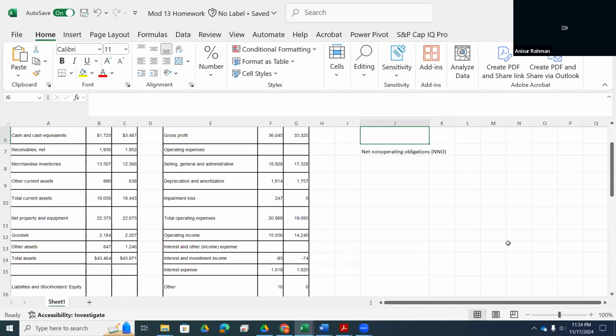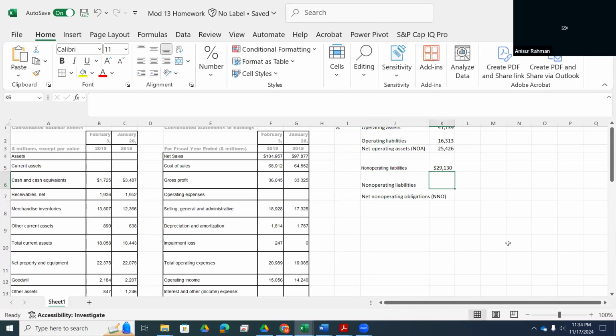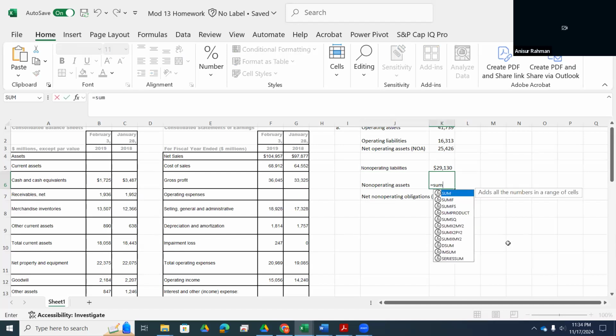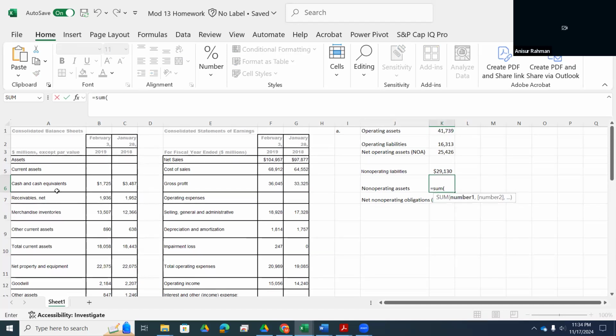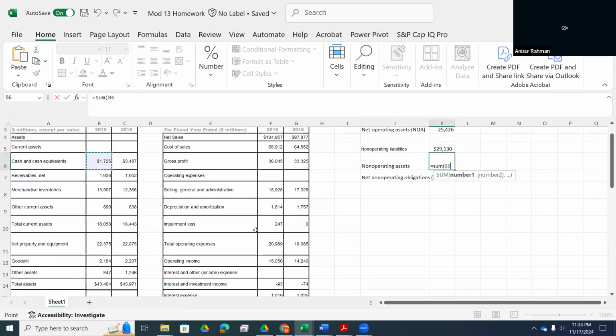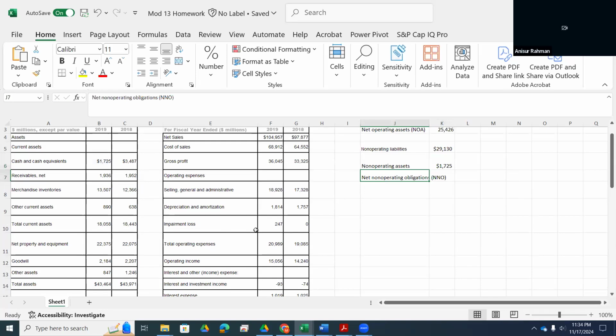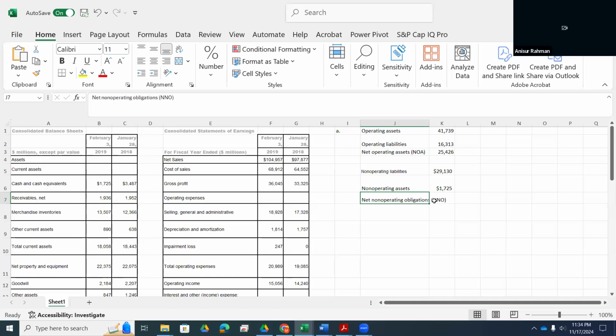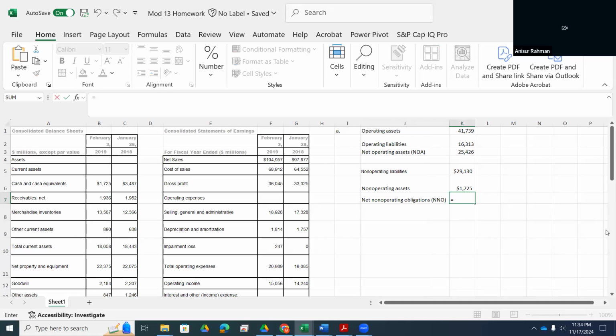Okay. Now, non-operating assets. Again, sum formula. Our cash and cash equivalents. So that's only one. So I need to enlarge this cell. So I will double click on this. So it will be non-operating liabilities minus non-operating assets.